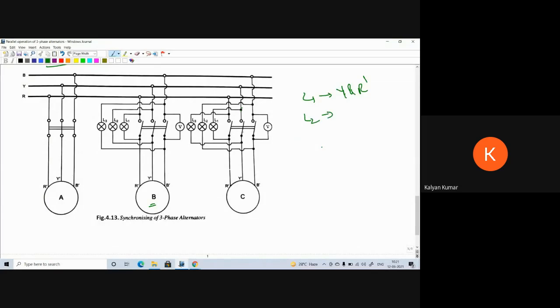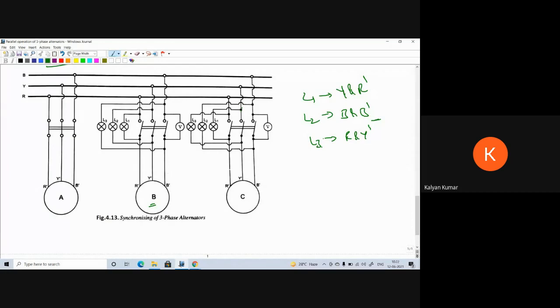Lamp L2 is connected between B and B dash. L3 is connected between R and Y dash. So L2 is connected across the same phases, and L1 and L3 are connected across two different phases.